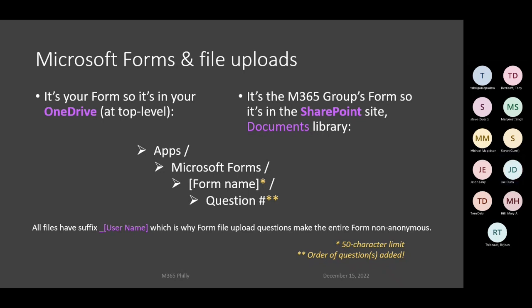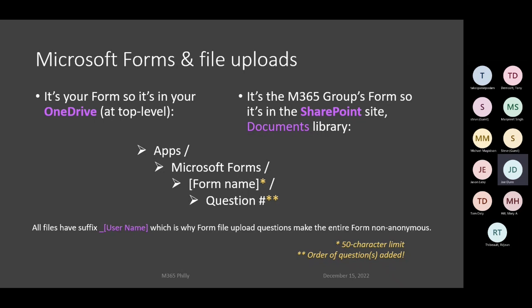Now, if it is a form that you create and you didn't share it with the group, then because it's you and yours, it's going to be in your OneDrive. So any files added to a question on a form with a file upload question are going to be in your OneDrive, in an apps folder that gets created, in a Microsoft Forms folder that also gets created, along with the form name and the question number.